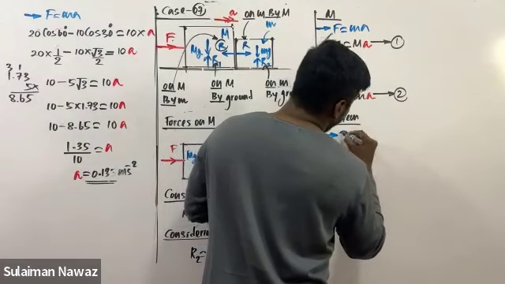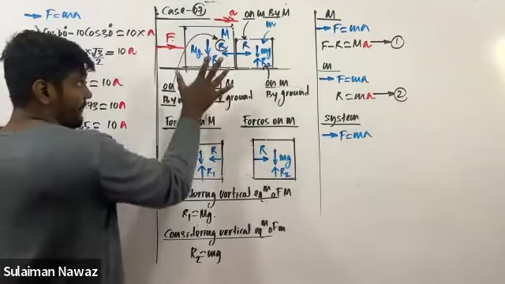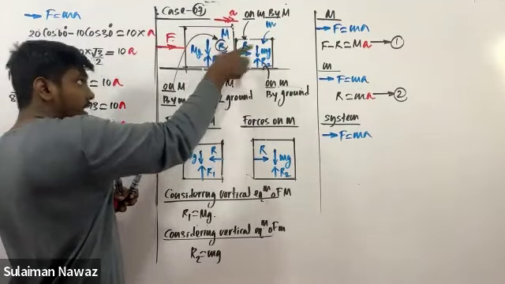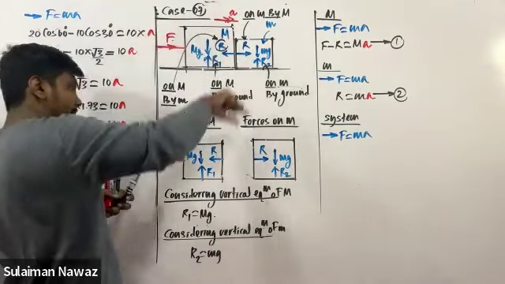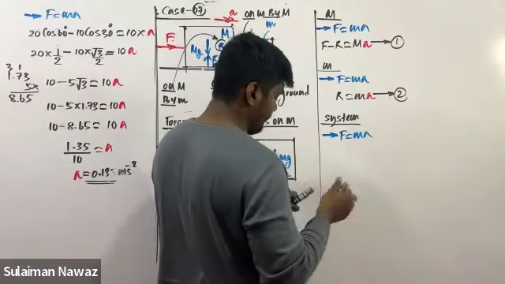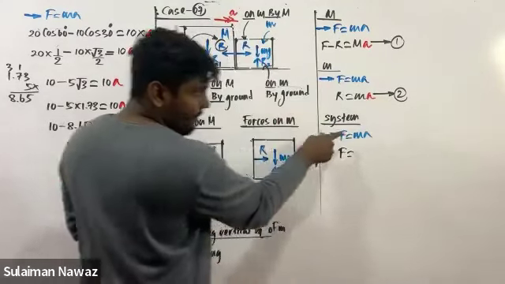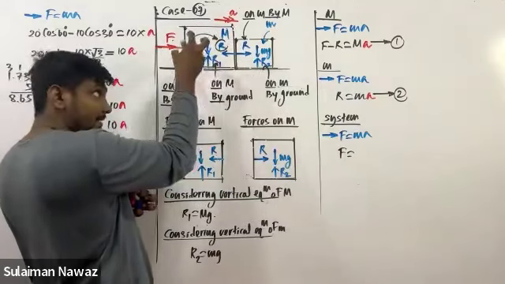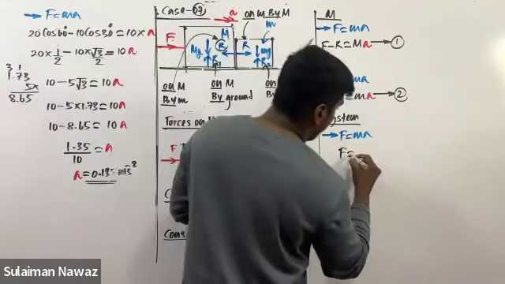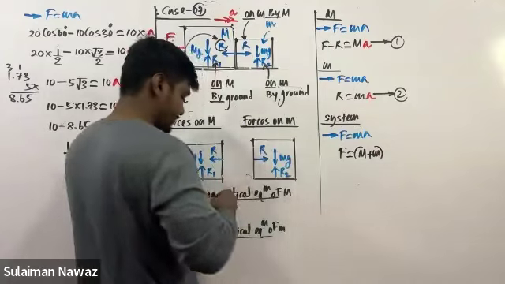When you consider the entire system, there is only one horizontal force, because this R and that R cancel out. That is capital F. The mass of the entire system is capital M plus small m, and the acceleration of the system is a.